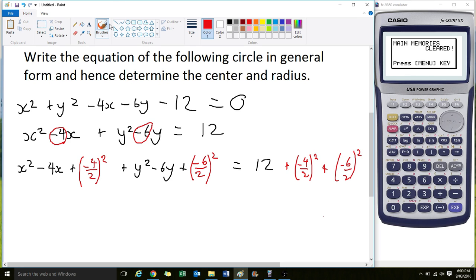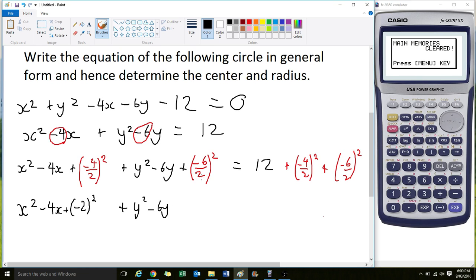Now, in the next step, I'll just go back to black and I'll show you what we're going to do, which is expand that out, calculate that. Okay, so we have x squared take 4x. Now, minus 4 divided by 2 is minus 2. So I'm going to put that in brackets, and you have minus 2 squared. We've got the plus down there that continues as well. Now, the y factor, we've got plus y squared take 6y.